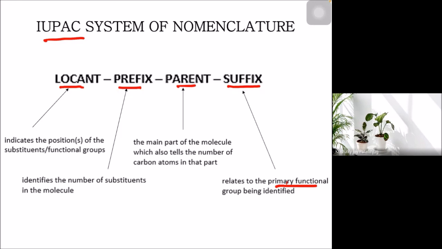If it ends in ane, that is an alkane. Ending in ol, alcohol. Ending in al, aldehyde. Ending in one, ketone. The suffixes help us identify the functional group present in that molecule.